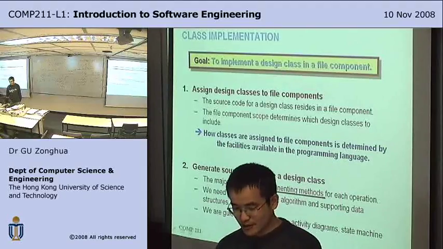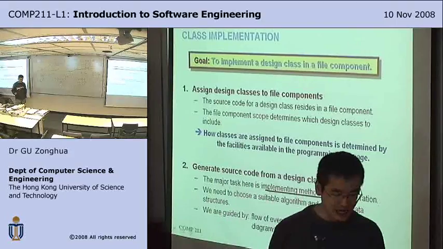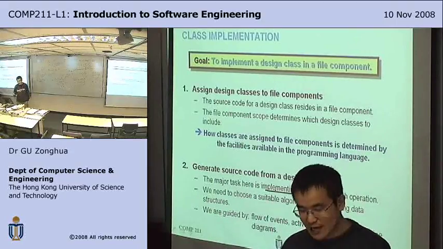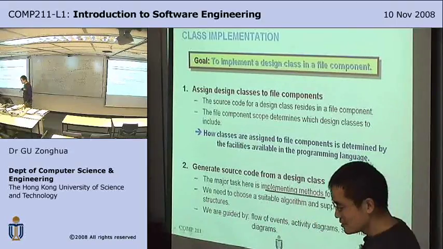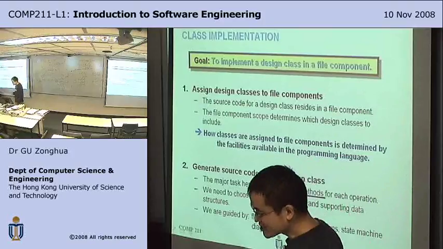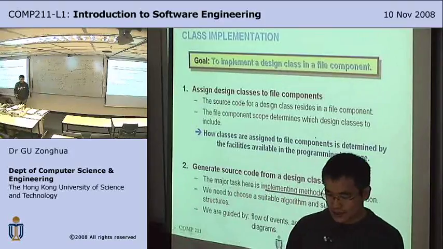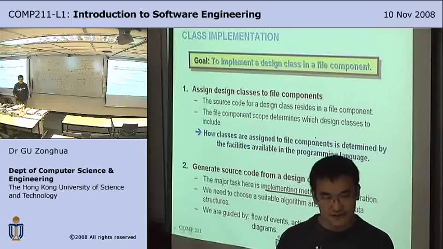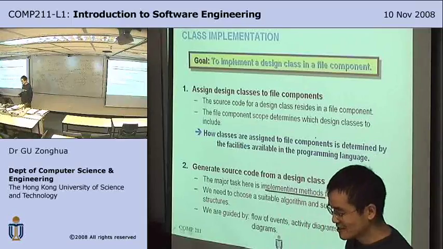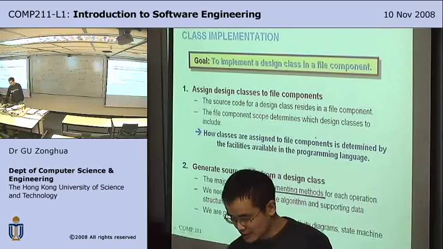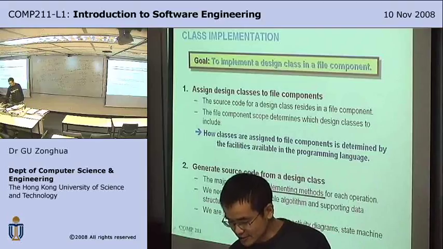Up to now, from requirements to analysis to design, we have been drawing these boxes and diagrams with the operation signatures on them, but we never discussed how the internals of each operation are actually implemented. Now's the time to write the code to actually realize the operations.